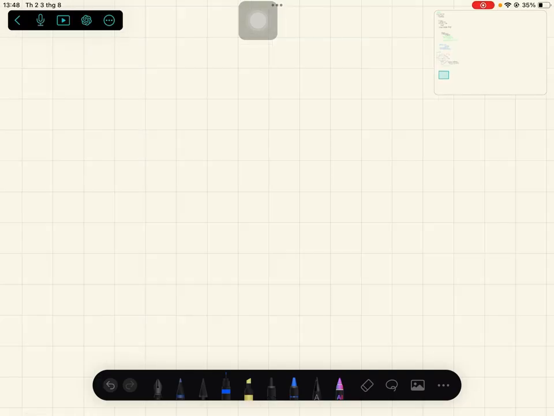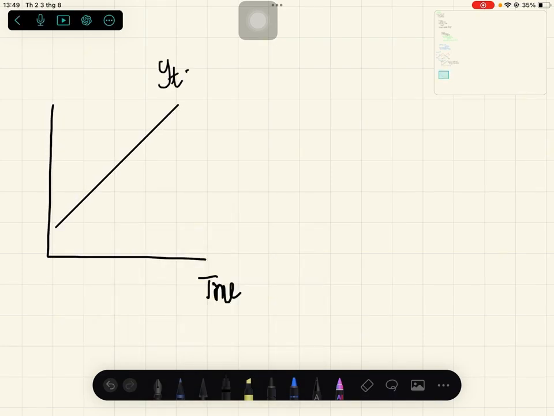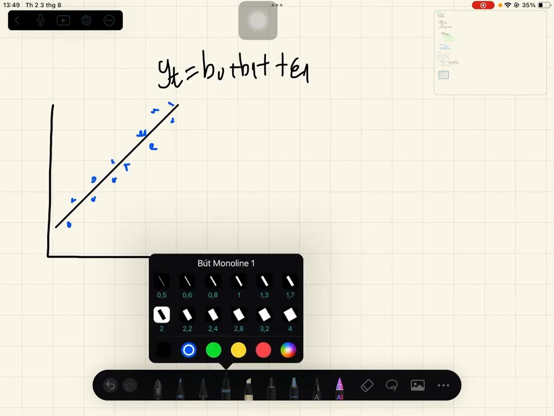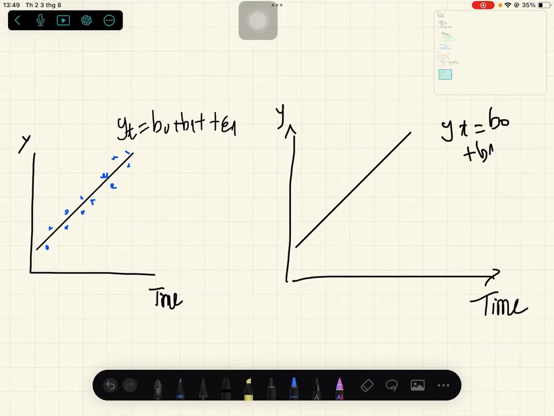Now comes one of the more practical questions. How do professionals decide which model to use? The answer begins with visualization. First, fit a linear trend, then examine the residuals.